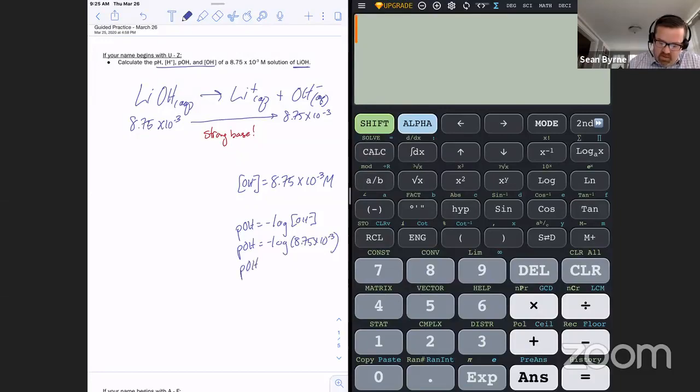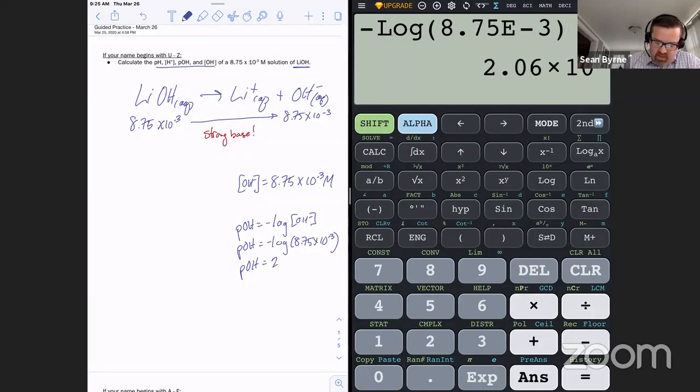If you want to follow along with me on my calculator, I have the negative log of 8.75 exponent negative 3, and I get 2.60 as my answer. That's wrong, 2.06, excuse me. Keep me honest, thank you.